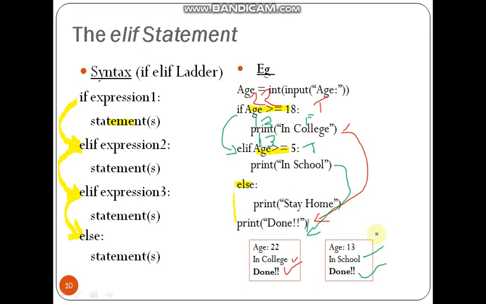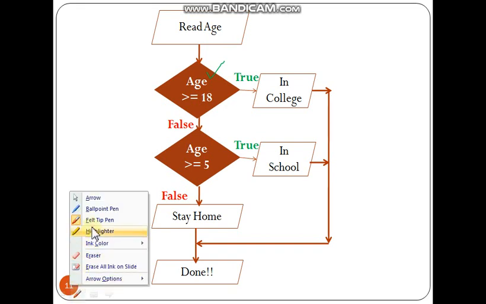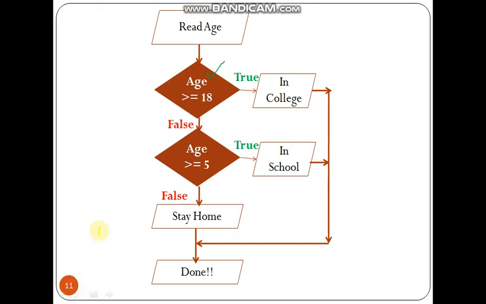Let's see that with the help of a flow chart, then it will be more clear to you. First it reads the age, and after reading it does this checking. If age is greater than or equal to 18, then it will execute that set of statements, that is, it prints "in college".